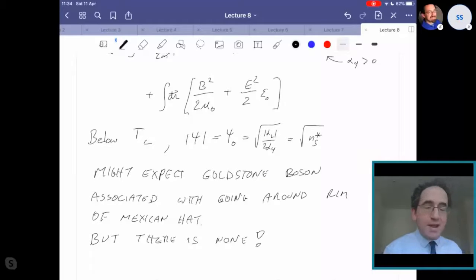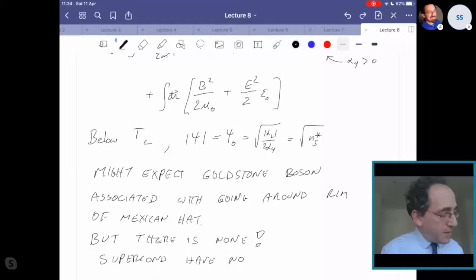And this is a rather surprising result. Maybe I should say what I mean by there is none. Superconductors have no low energy electronic modes.